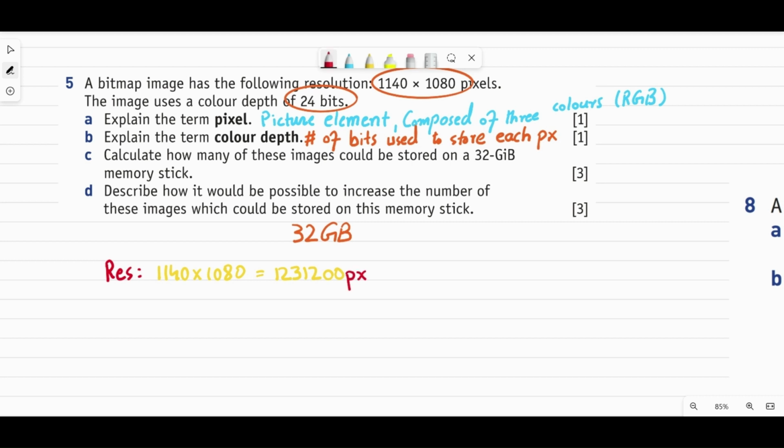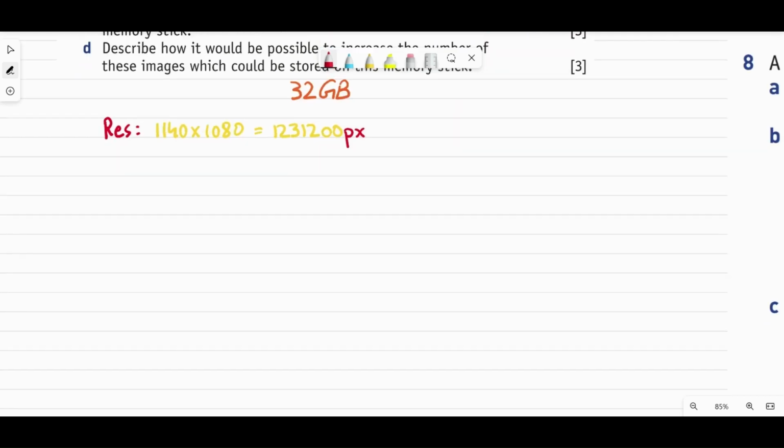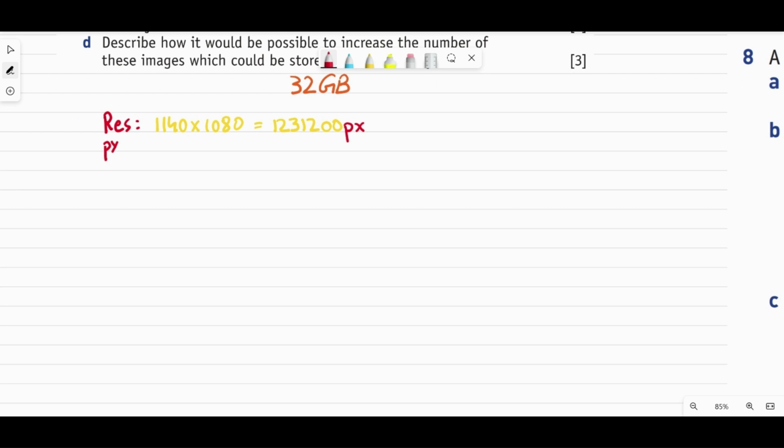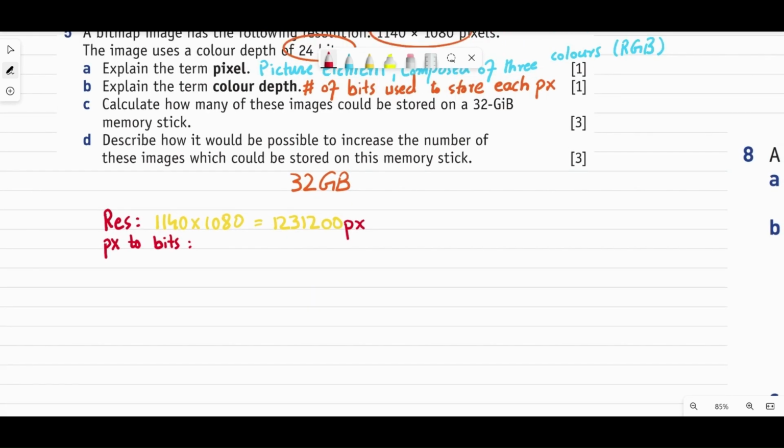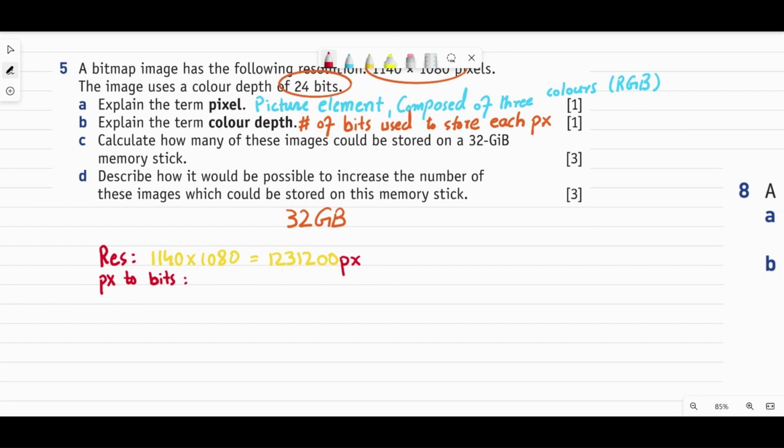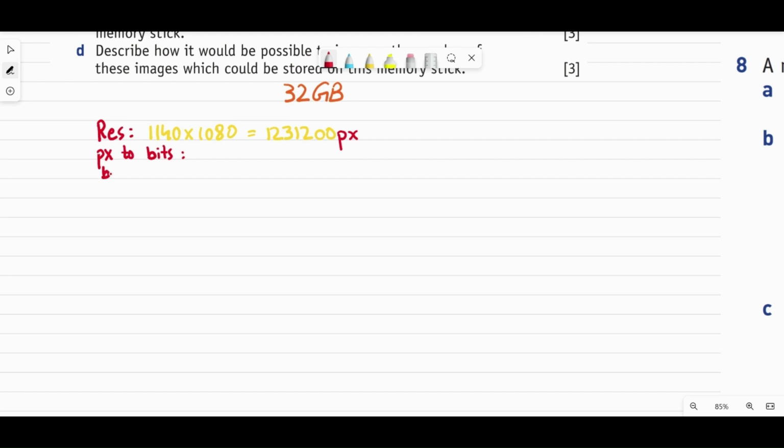Okay. Then px to bits. That follows the number of px multiplied with the number of bits given in the question for each pixel. So 24 must be multiplied with 1231200. And we know the third step is from bits to bytes.